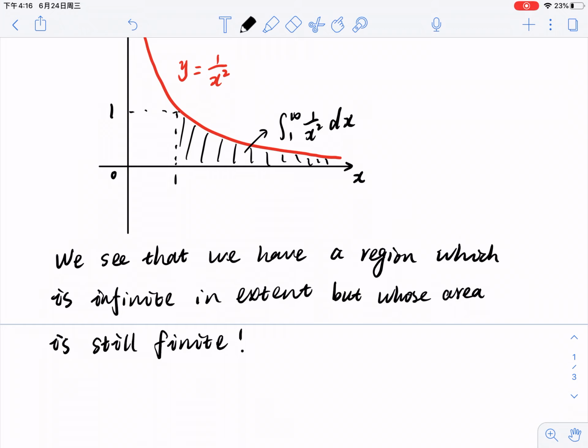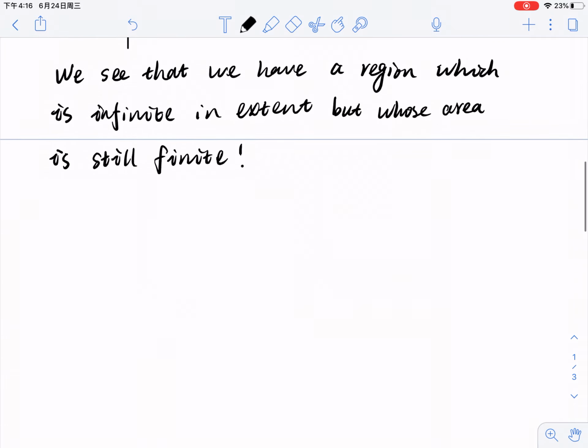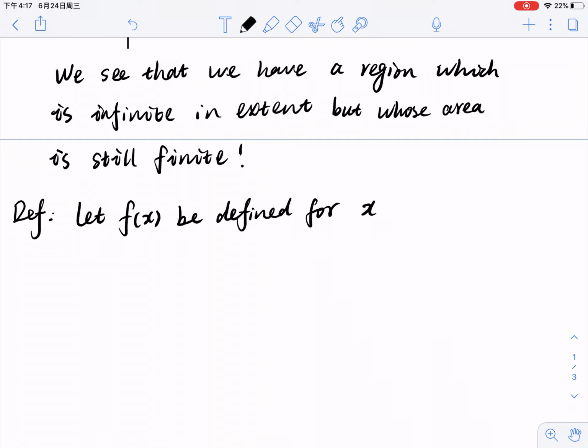So now let's introduce the definition of improper integral. We let f(x) be defined for x greater than or equal to a.